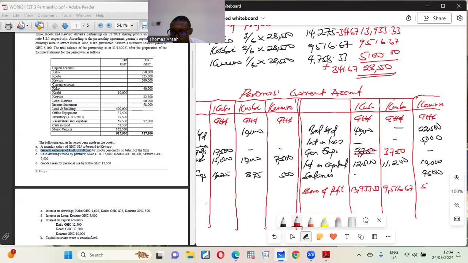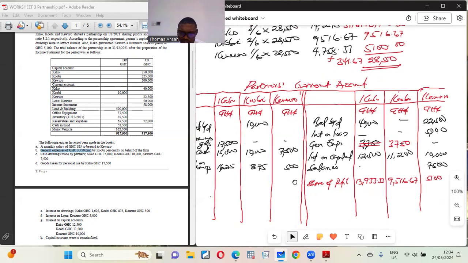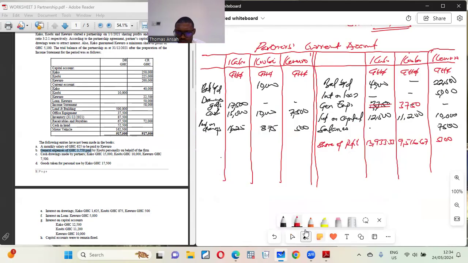Then this one is 5,100. All right, so looking at the debit and the credit side, which side has more figures than the other? In terms of total, you clearly see at a glance the credit side has more than the other side, right? So let's balance it off.